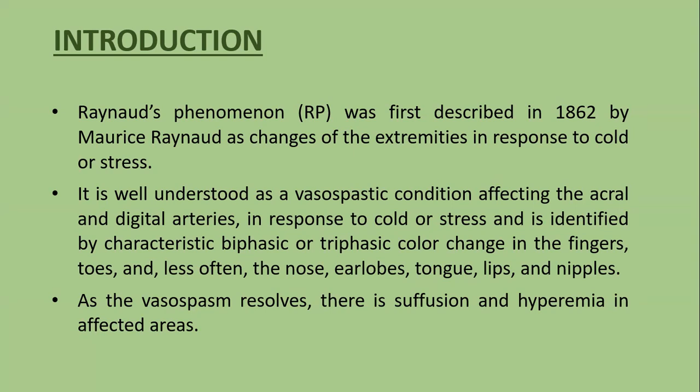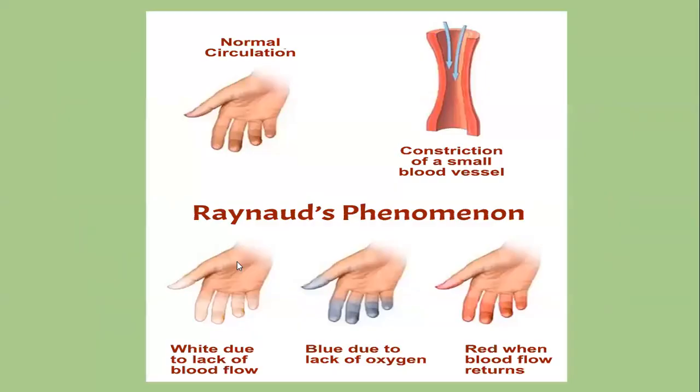As the vasospasm resolves, there is suffusion and hyperemia in the affected area. As it usually happens after the vasoconstriction resolves, the area becomes hyperemic for some time. This is a typical Raynaud's phenomenon.